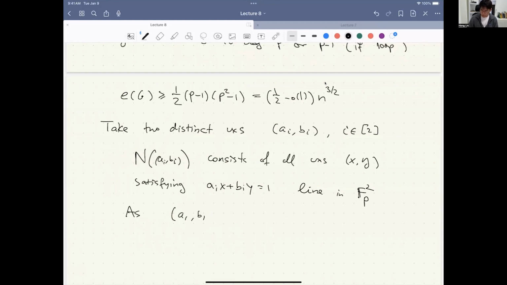As (A1, B1) and (A2, B2) are two different points, the corresponding lines are two different lines.